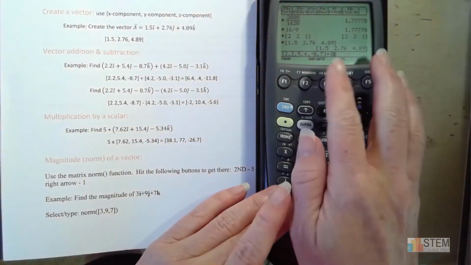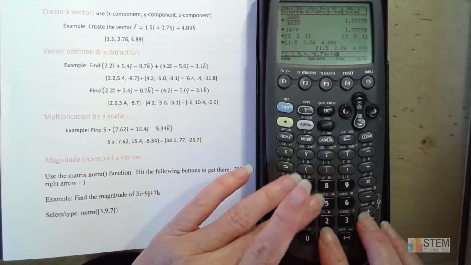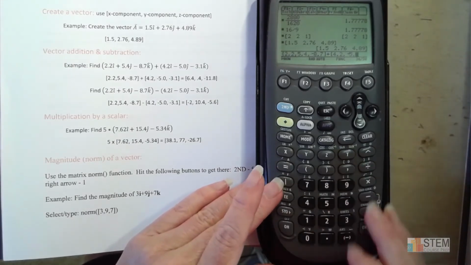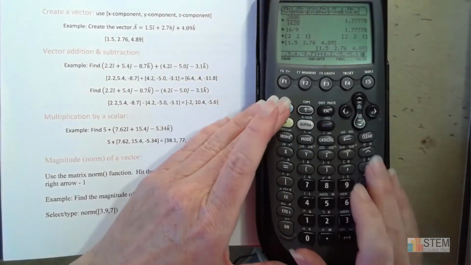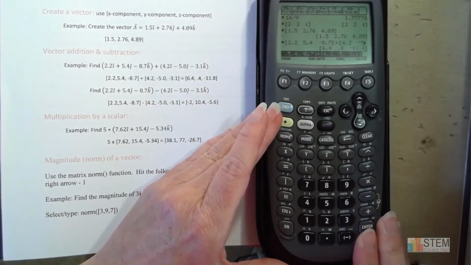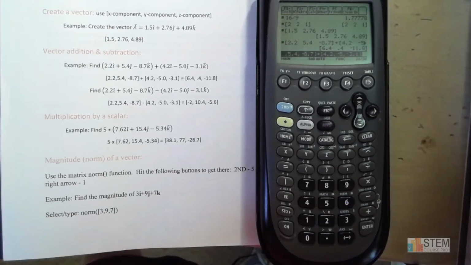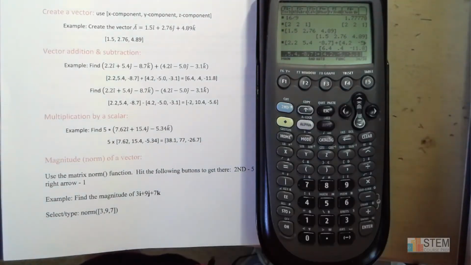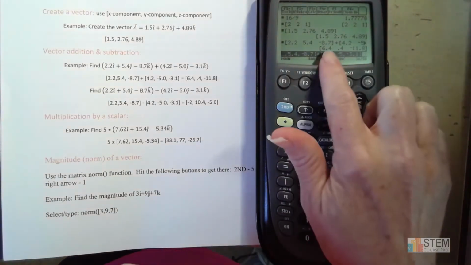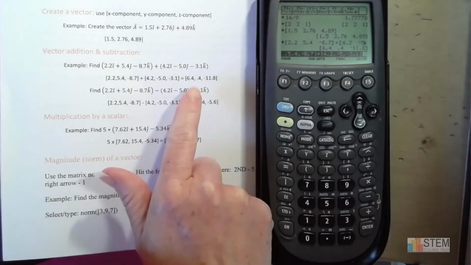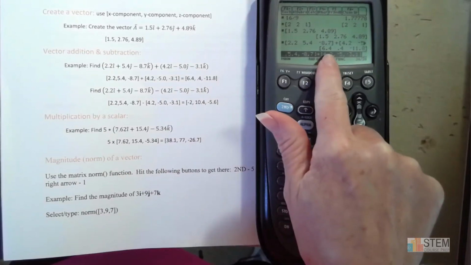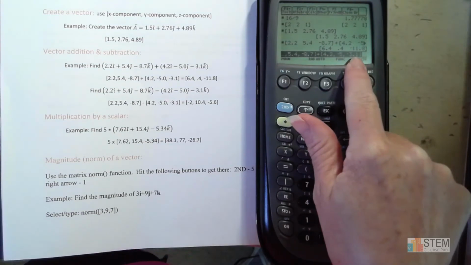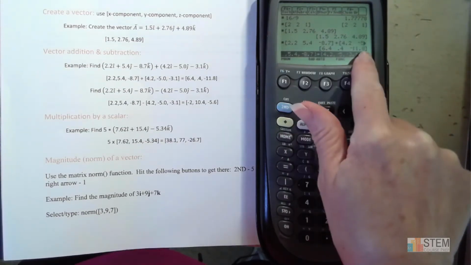So now open a new bracket, and then we're going to have 4.2, comma, negative 5, comma, negative 3.1. Now we're going to hit enter, and there you go. So the calculator automatically adds the like components and gives you that final result. Okay, so when you add everything, then the result is 6.4i plus 0.4j minus 11.8k. So that would be your resulting vector.